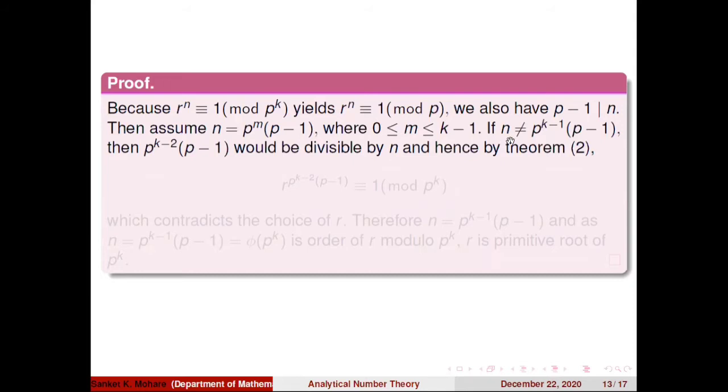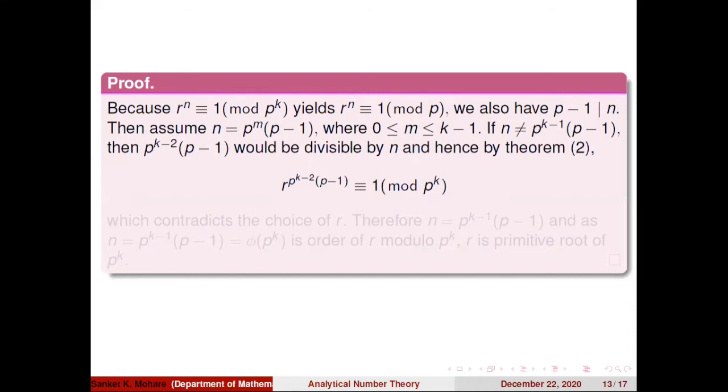Suppose n is not equal to p^(k-1)(p minus 1), then p^(k-2) times (p minus 1) would be divisible by n, and hence by theorem 1, r to the power p^(k-2)(p minus 1) is congruent to 1 modulo p^k. Why? Look at the third statement in that theorem.